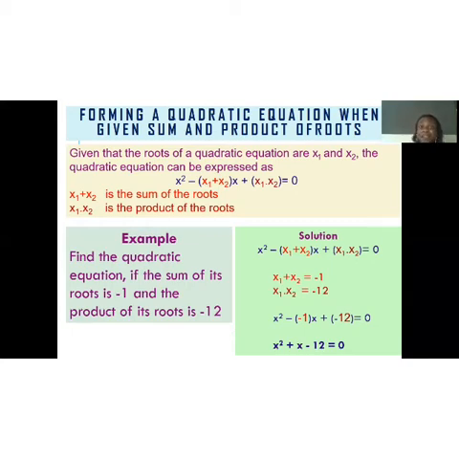You can actually derive it, but we're not going to discuss the derivation. But you can try to check it out and see how this formula was derived, and you can give me feedback if you are able to check on it. So x squared minus (x1 plus x2) x plus x1 x2. So that's that for forming the quadratic equation from the product and the sum of roots.